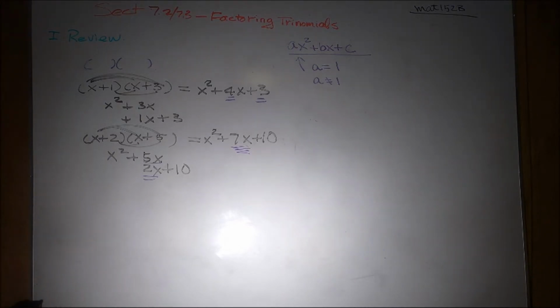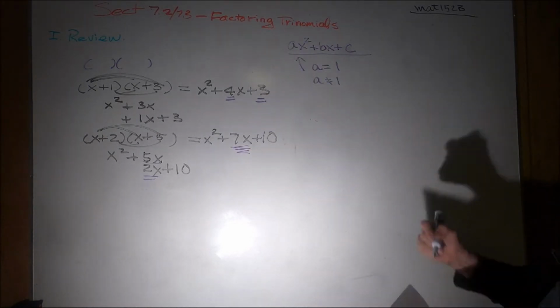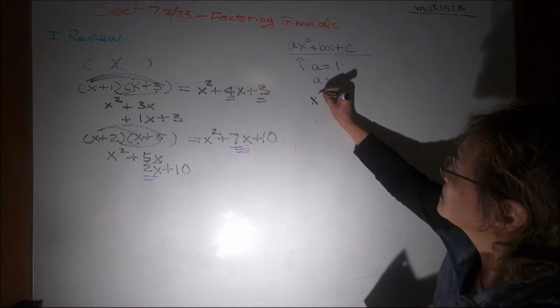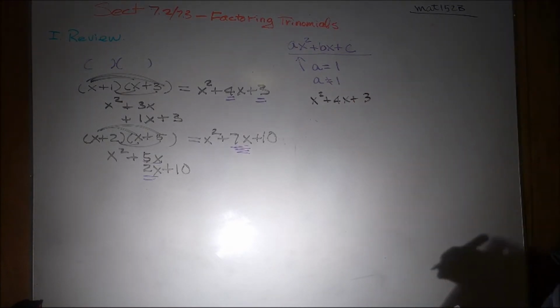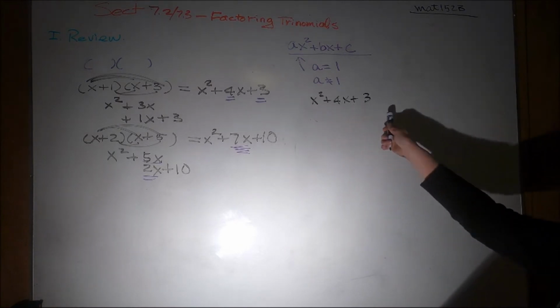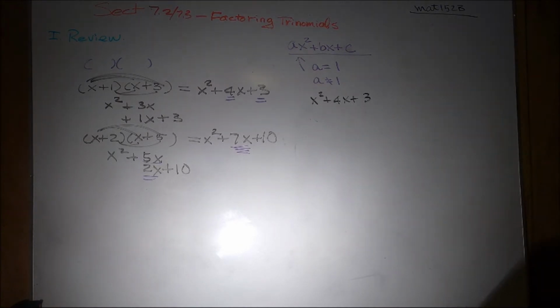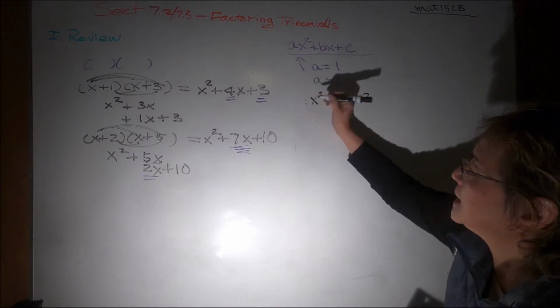Backwards means what? We are going to break down the trinomial. Trinomial, going backwards. If we give you x squared plus 2x plus 3, right? We have a trinomial. What's the leading coefficient? Invisible 1, right?